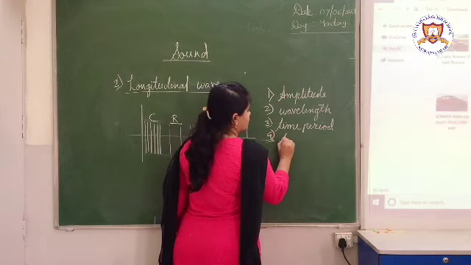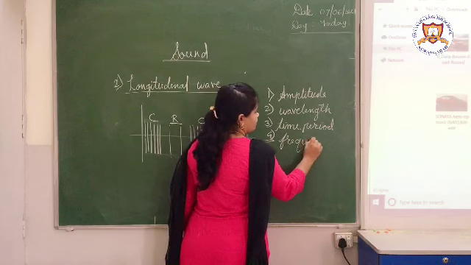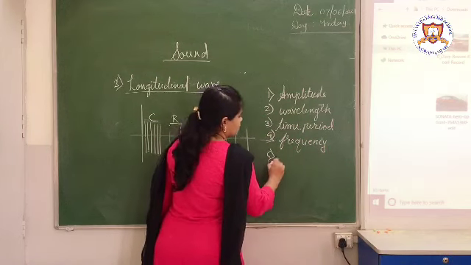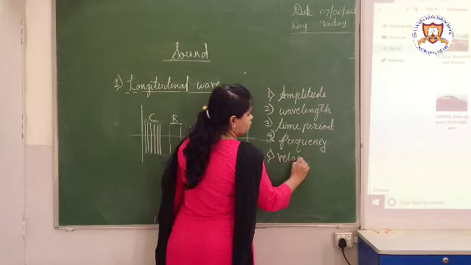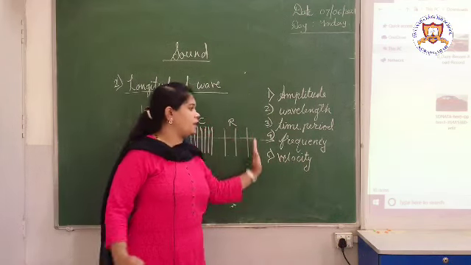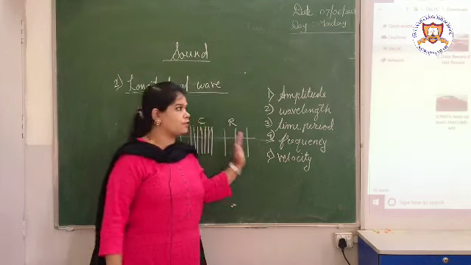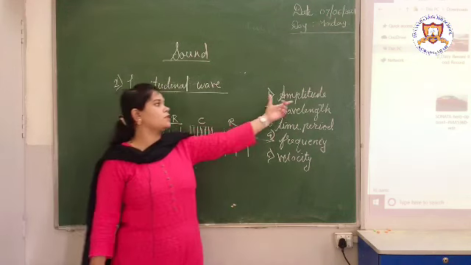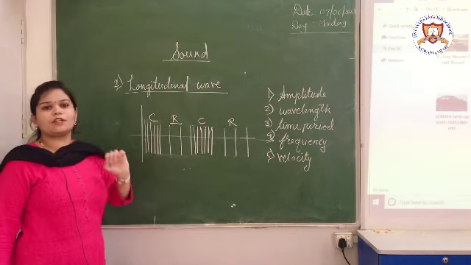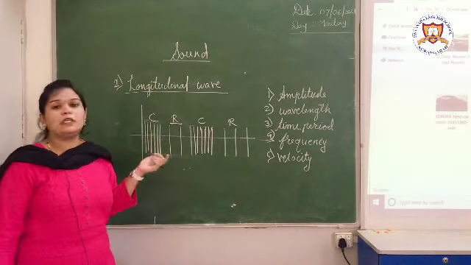Fourth is frequency. And sixth is velocity, which is an important characteristic. Now, one by one we are going to define them for this longitudinal wave. The first is amplitude. Amplitude means the maximum displacement of the particle from its mean position.